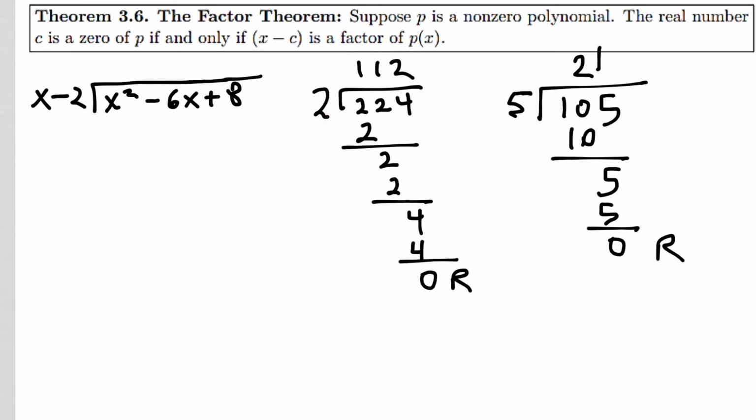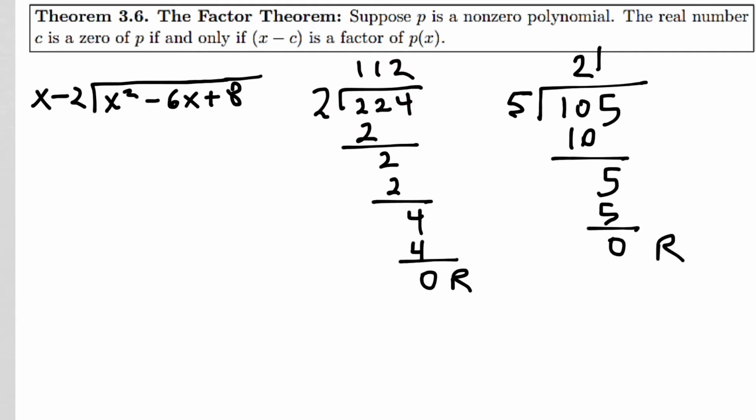So if I divide 224 by 2 and I carry out the division algorithm, I'm going to find out that I have a 0 remainder. So that means 2 divides evenly into 224. What that tells me is that 2 is a factor of 224.